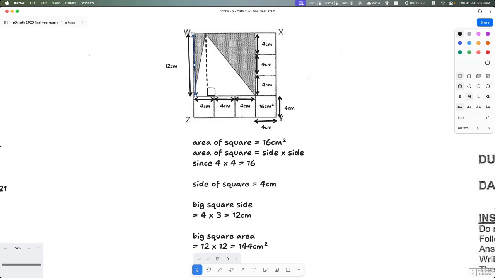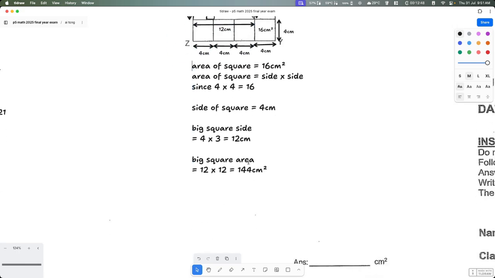And we also know that this whole side is also 12 centimeters. That's what I see over here.